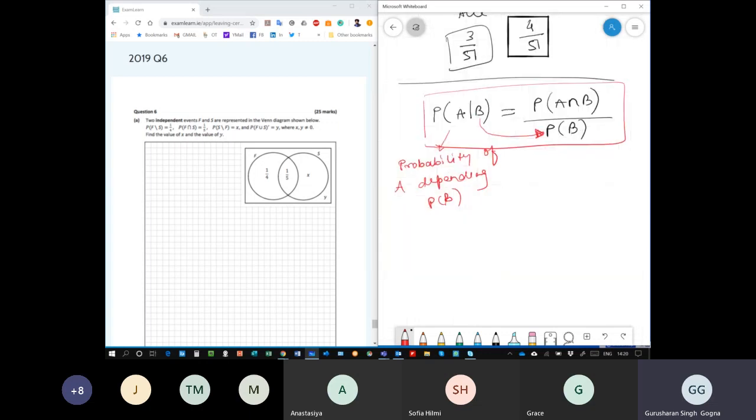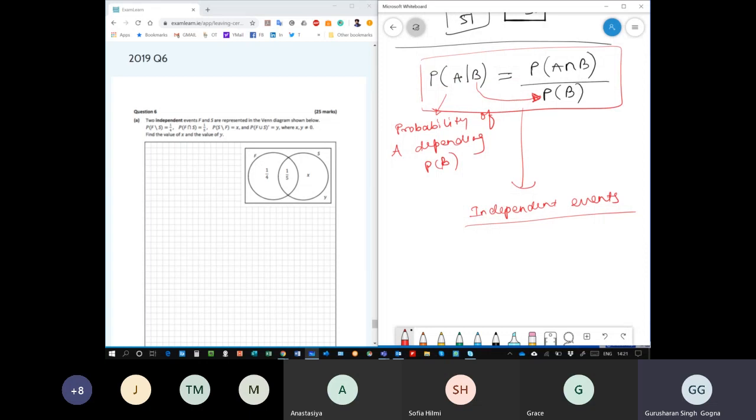Okay, now within that concept, we can talk about independent events. Independent events means, as the name says, independent.